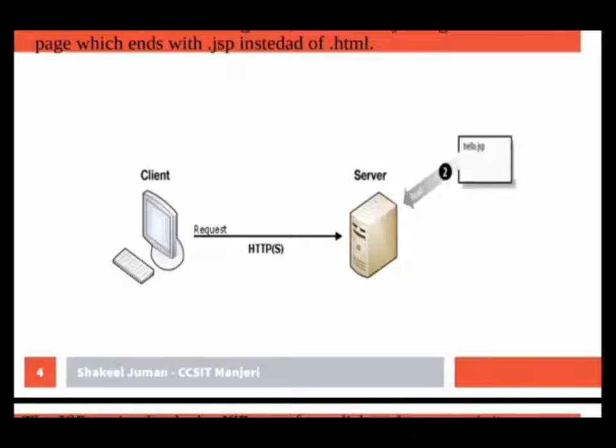It could be a JSP page, a normal HTML page, or any other extension. In that case, the web server recognizes what kind of HTTP request is used, and which kind of page is for JSP forwarding.